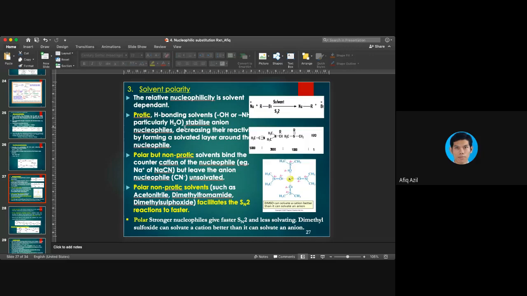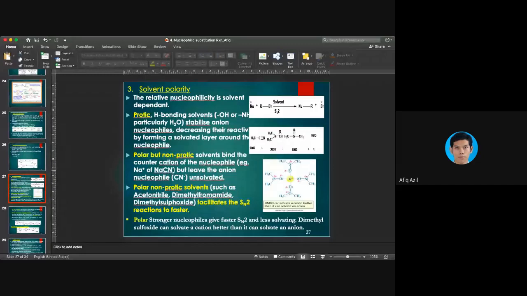So when the strength of the nucleophile decreases, the reaction will normally proceed via SN1, the two-step mechanism. That one is easier because the nucleophile can come in and attack easily from front or from the back. But for polar aprotic solvents, it binds the counter ion of the nucleophile. The counter ion is the positive charge of the nucleophile. For example, here your reagent is sodium cyanide.